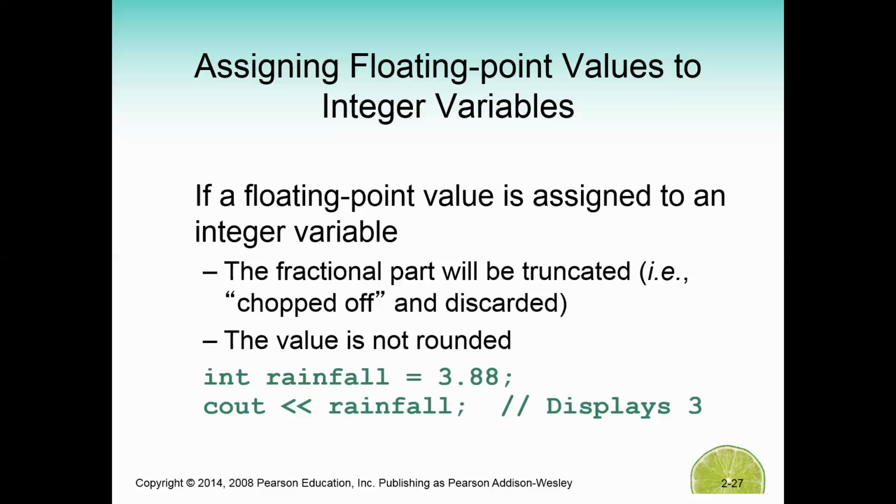Questions? Okay, what happens if I create a variable and I say int, let's suppose that this is my variable right here, rainfall. What am I saying with the int? That is an integer, which means what? It's a whole number. Whole numbers, do they have decimals?